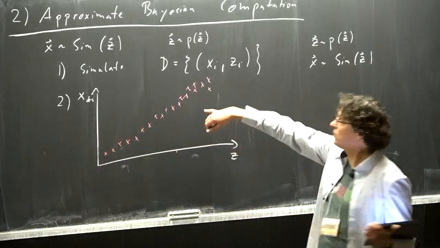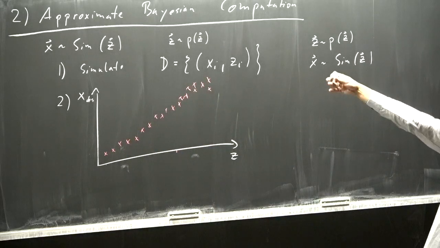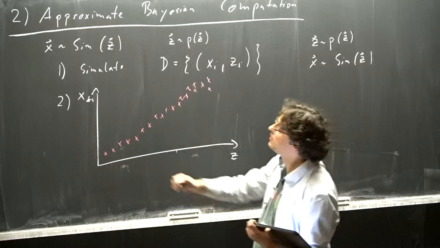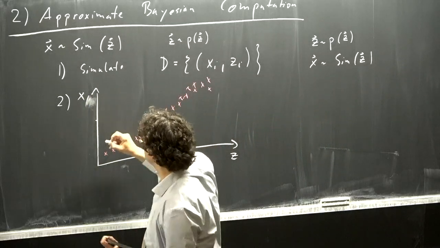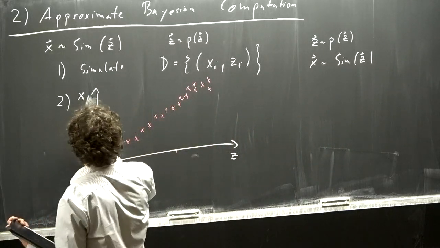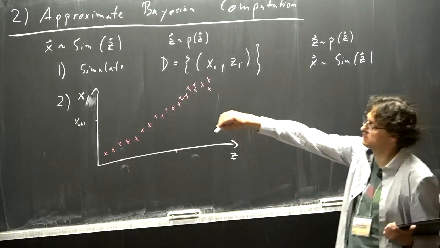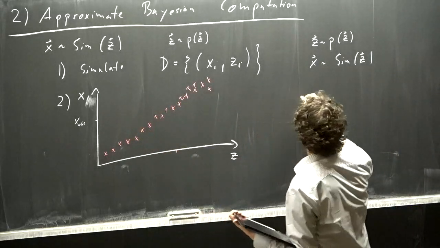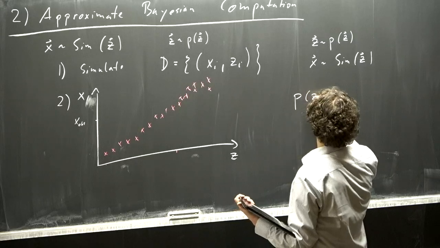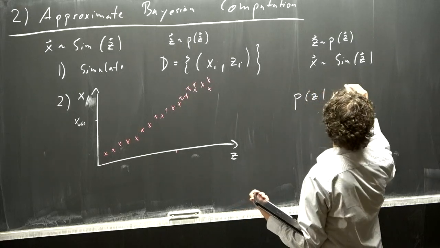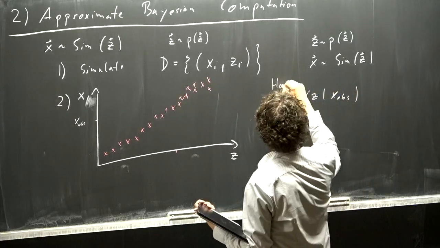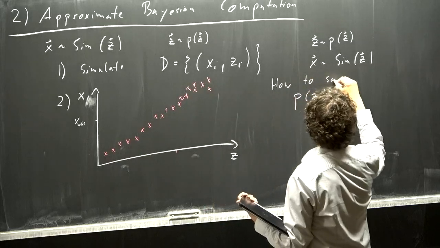Good, so now how can we use this for getting posteriors, right? So now let's assume we actually observe a specific value for x, so let's say this is our observable. And what we are interested in now is how to get samples from the posterior.